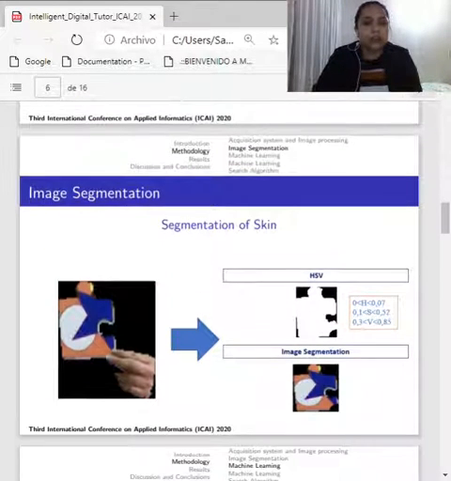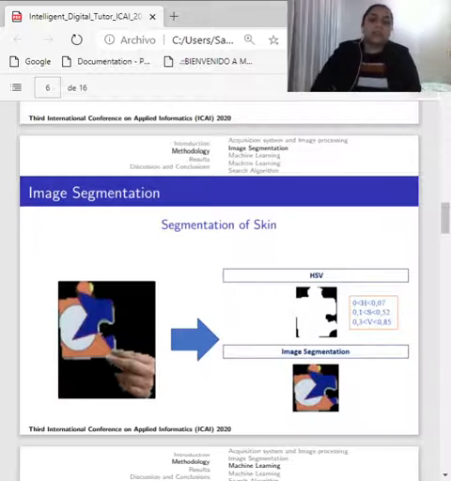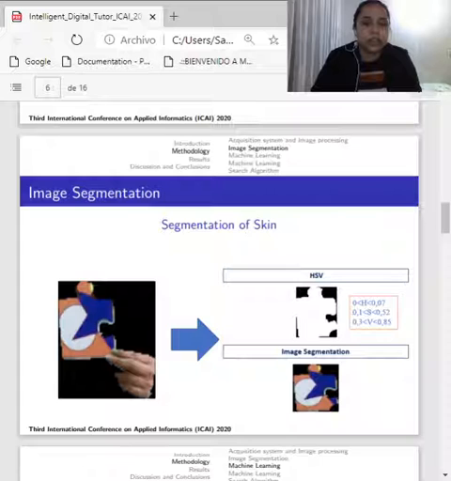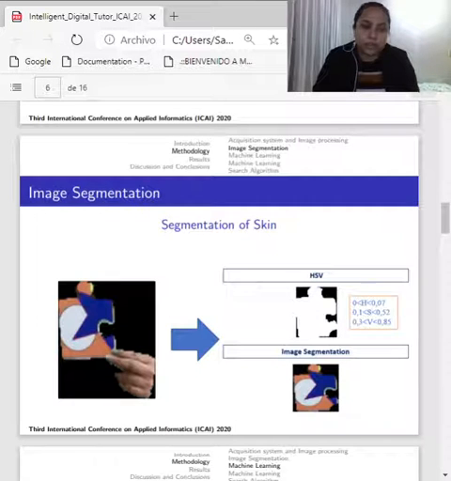For the image segmentation, the HSV region is applied in an image that is indicated. This image contains pieces of the skin that correspond to the subject's hand. The second image corresponds to the region mask.